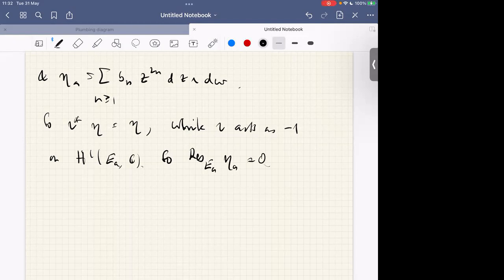So what I really want to explain to you today, the first thing I want to tell you about, is a proof that in fact these etas are orthogonal.